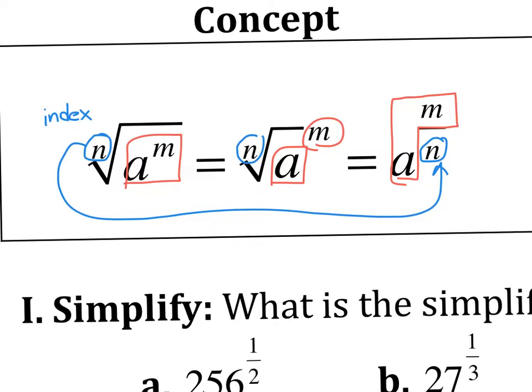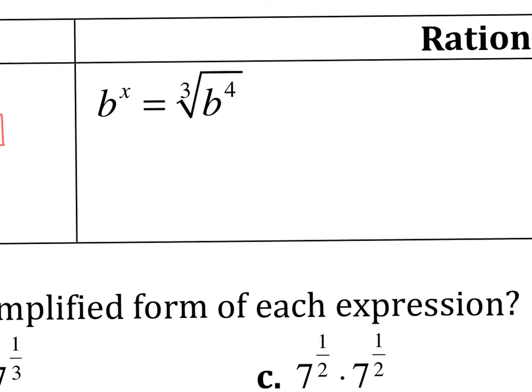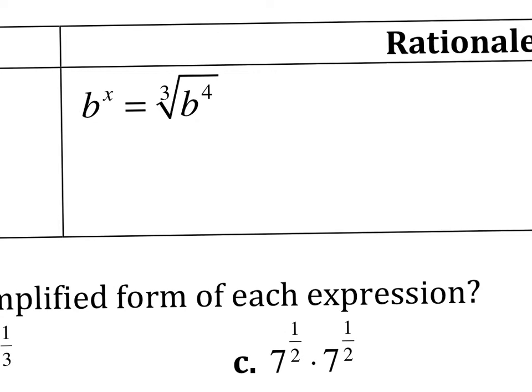I'll explain why that's possible, but it's just a matter of rewriting, moving things around a little bit. So here's the rationale for it. b to the x power is the cube root of b to the fourth power.